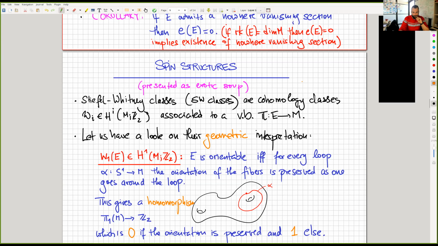The Stiefel-Whitney class will play a certain role in this part. And what are Stiefel-Whitney classes? These are cohomology classes associated to any real vector bundle. The ith Stiefel-Whitney class lives in the ith cohomology group with Z/2 coefficients.